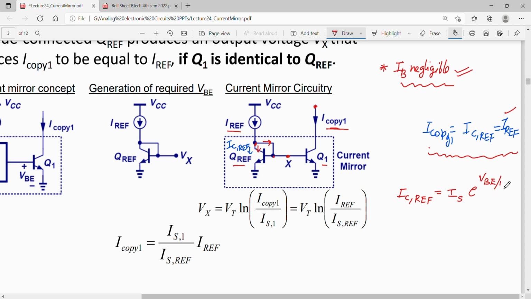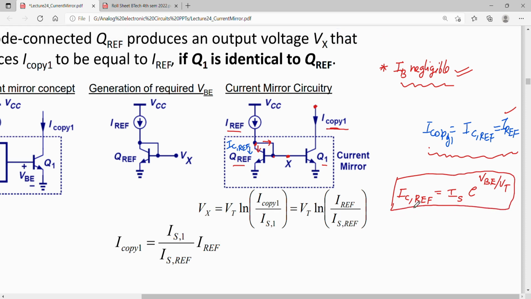Okay, so this is what we had studied earlier, that collector current in a BJT can be written by referring to the diode current. So collector current IC ref is the saturation current of the reference transistor multiplied by e to the power VBE. So VBE here is Vx. Okay. So I'll simply replace this VBE by Vx.